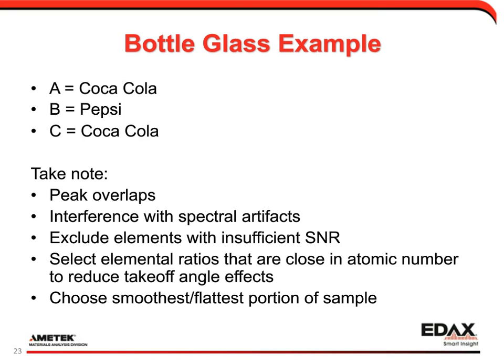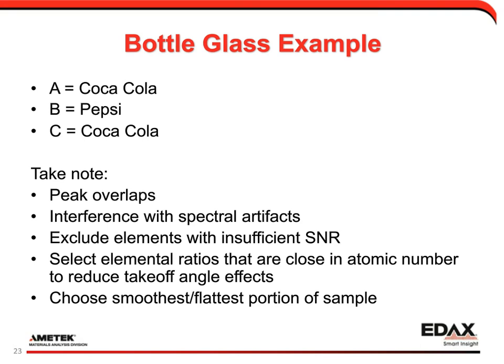There are some software methods to process out some of the spectral artifacts, and of course, the software does its best to deconvolute overlapping peaks. But again, it would be good to process and delete the escape peak, for instance, if it overlaps with an element of interest.